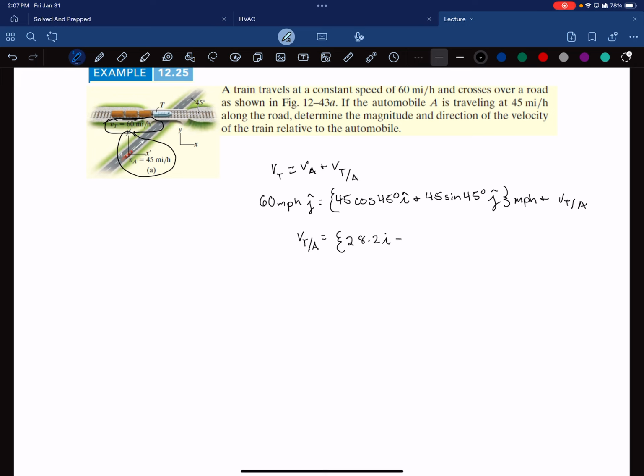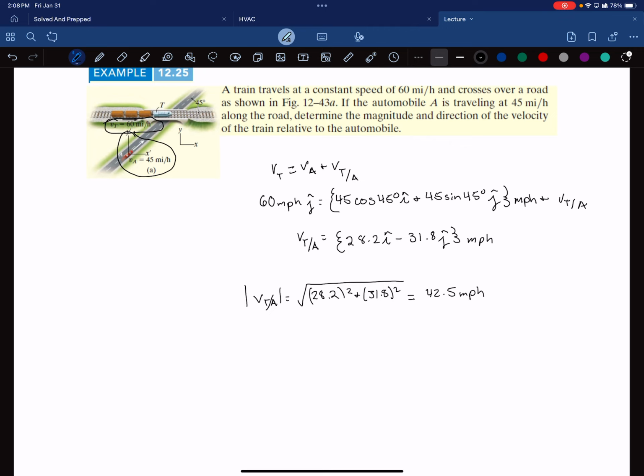And then we get 28.2 I hat minus 31.8 j hat in miles per hour. And this one specifically asks us for magnitude and direction, so we want to get both the magnitude and the angle. So square root of the sum of the squares, and that's 42.5 miles per hour.